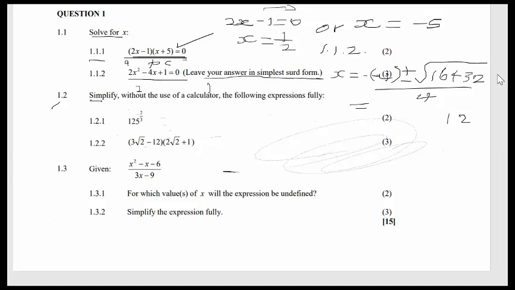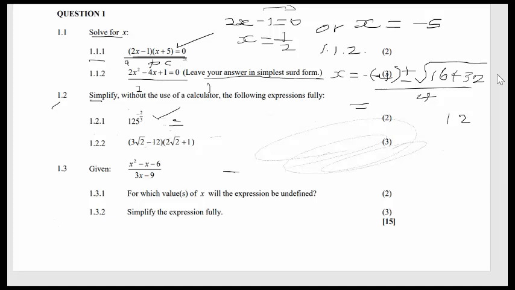So 1.2: simplify without the use of a calculator. Here we have an exponential expression: 125 to the power of 2 over 3.